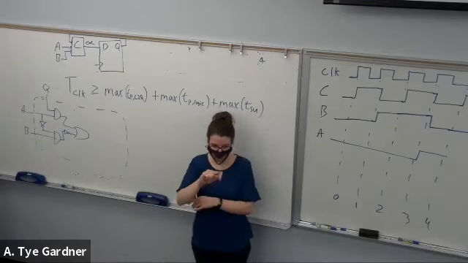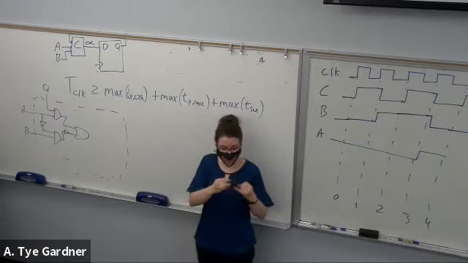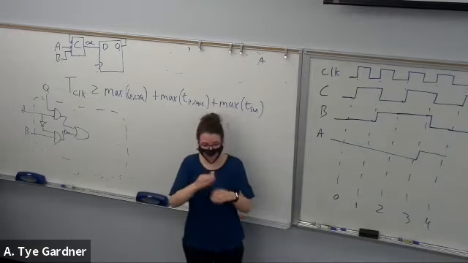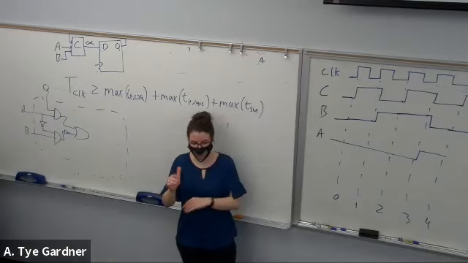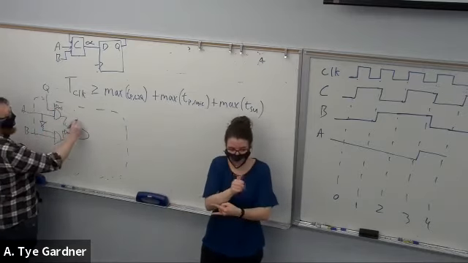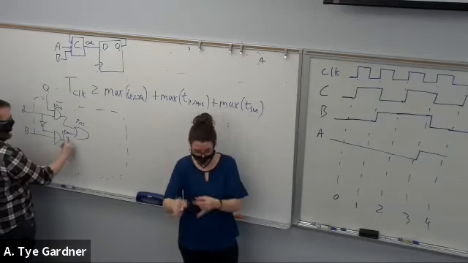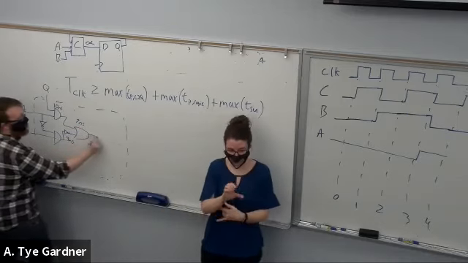This asks you, given this circuit, what is the maximum clock speed that you can run at? Given that the AND gates have a 10 nanosecond delay, OR gates have a 7 nanosecond delay, and inverters have a 3 nanosecond delay.